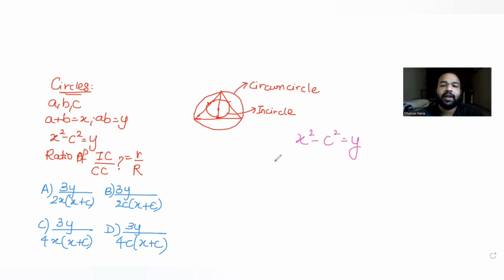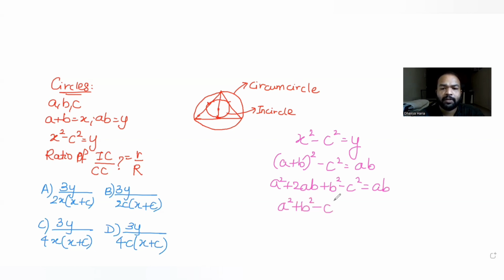So if I use this idea, A plus B is X, Y is A into B. So you get A square plus 2AB plus B square minus C square is equal to AB. So you get A square plus B square minus C square. This becomes AB minus 2AB, that is minus AB. So you get A square plus B square minus C square is equal to minus AB.